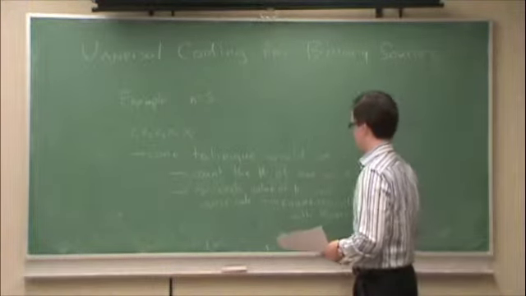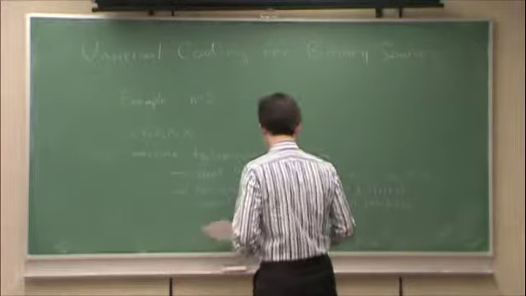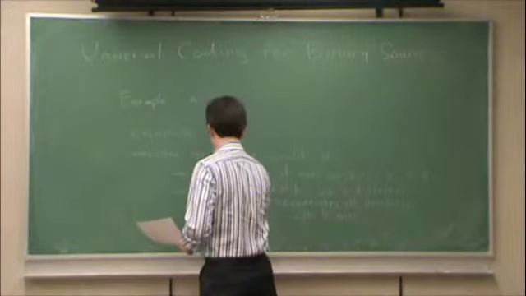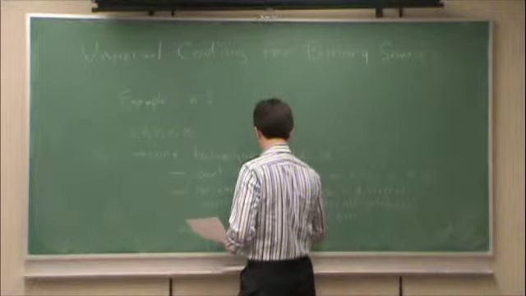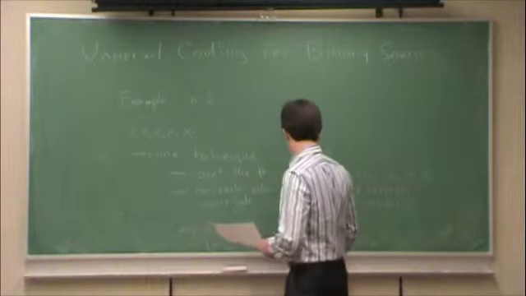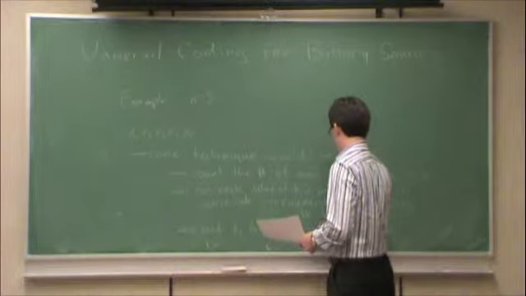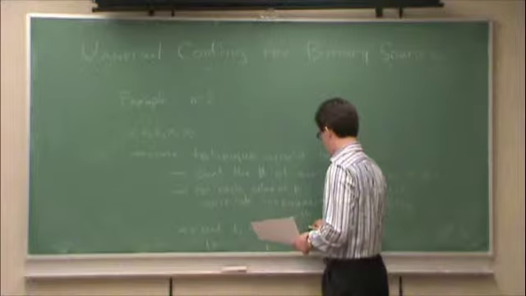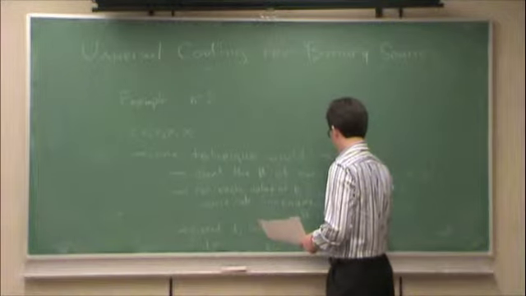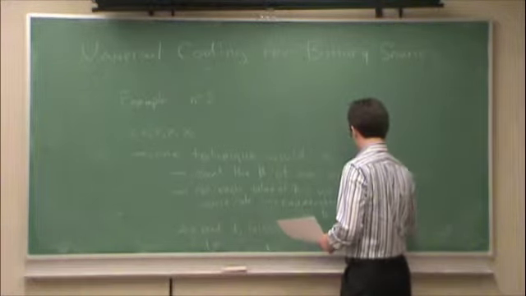But the basic idea would be that we send k followed by the index followed by the code word from code k.